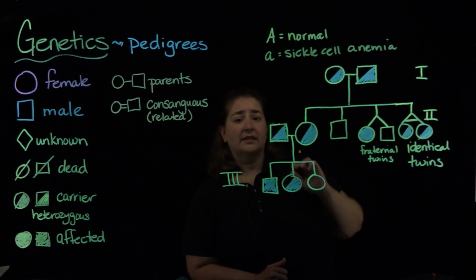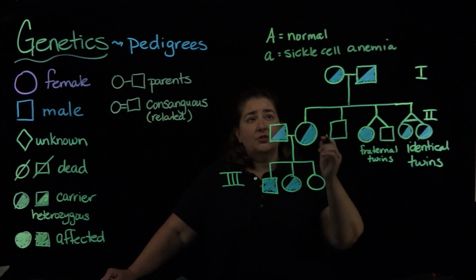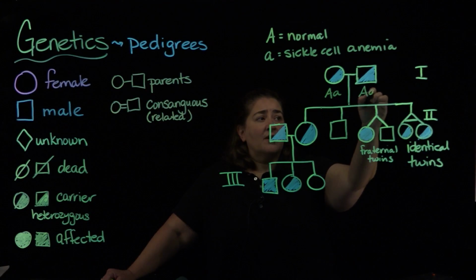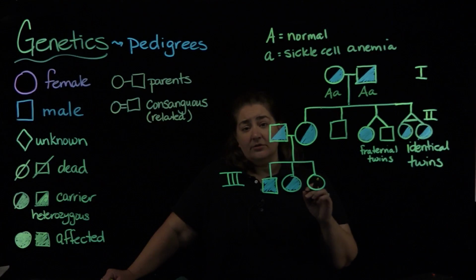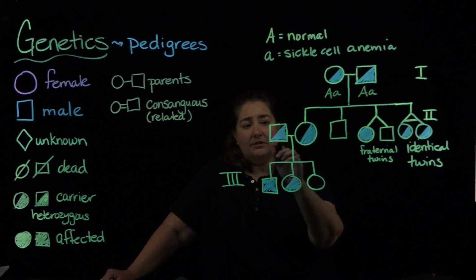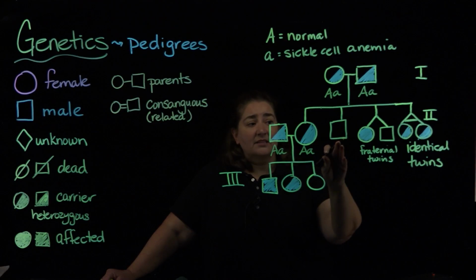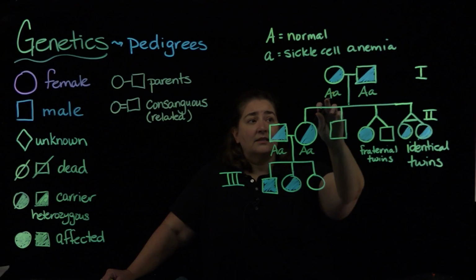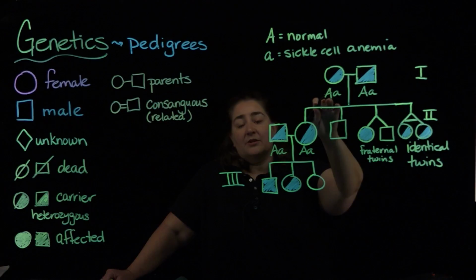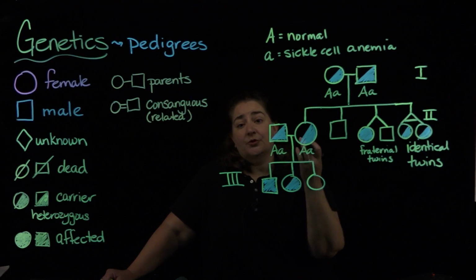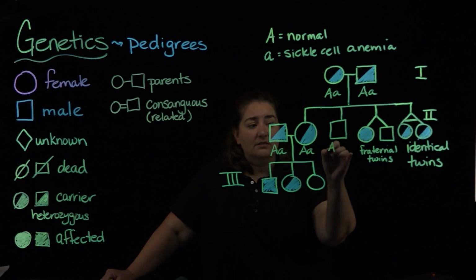So we can fill in what we know about each individual's genotype based on that pedigree. We know that mom and dad have to both be carriers because they're shaded in. These two would also be carriers. Because this individual is not a carrier or affected, they had to inherit a normal trait from mom and a normal trait from dad, and the normal trait would be considered the dominant trait.